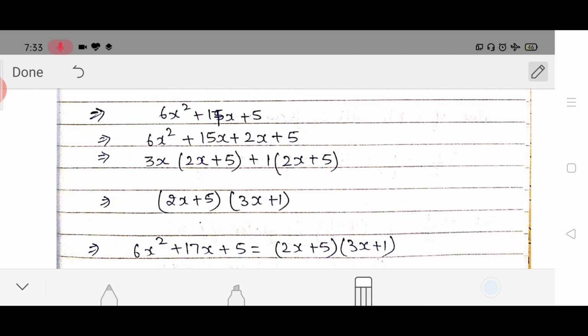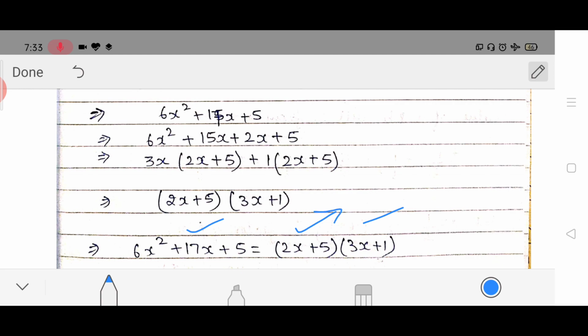Now, the basic meaning of factorization is that you have to write a polynomial as a product of two polynomials. As you can see, 2x plus 5 and 3x plus 1 are both polynomials, so we can write our given polynomial as the product of 2x plus 5 and 3x plus 1.